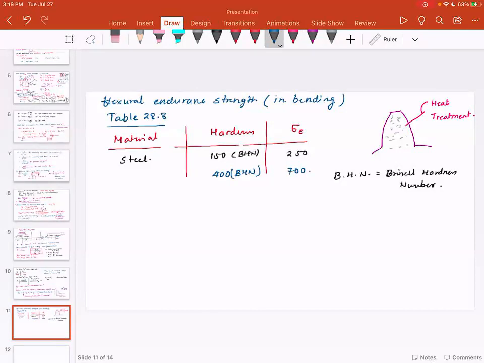For cast iron, typically the Brinell hardness number is constant unless you go with a cast iron alloy. If you use a gray cast iron, the Brinell hardness number is 160 and the endurance strength is 84. So depending upon the material we choose and its hardness, we can control the endurance strength.